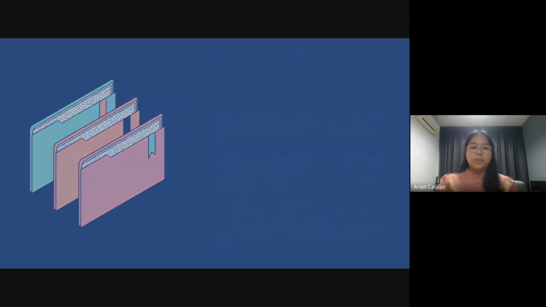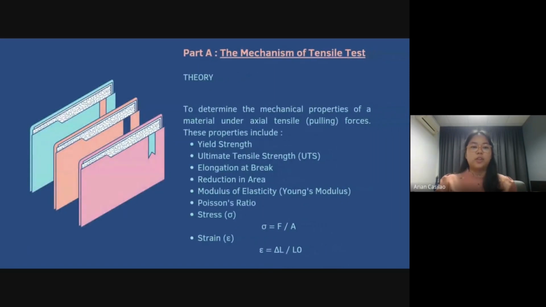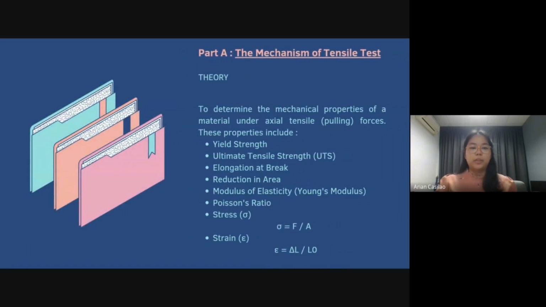The primary purpose of tensile tests is to determine the mechanical properties of a material under actual tensile forces. These properties include yield strength, which is the stress at which the material begins to deform plastically. Ultimate tensile strength, the maximum stress the material can withstand before failure.